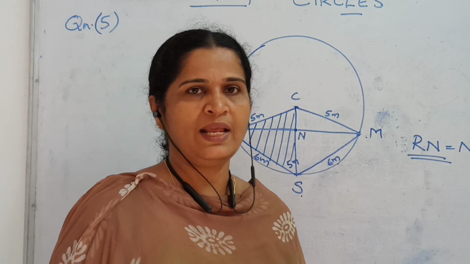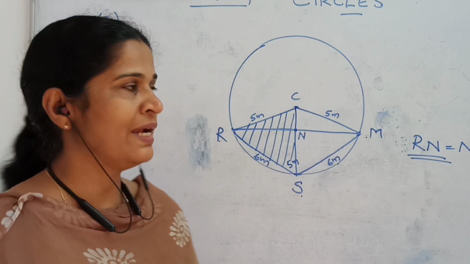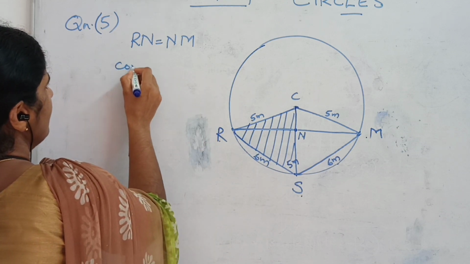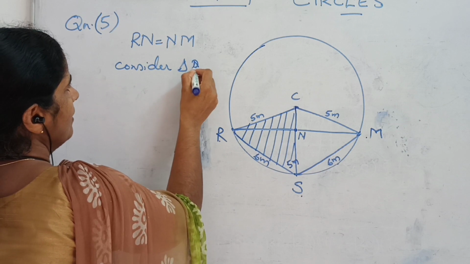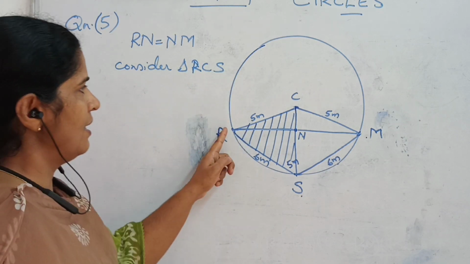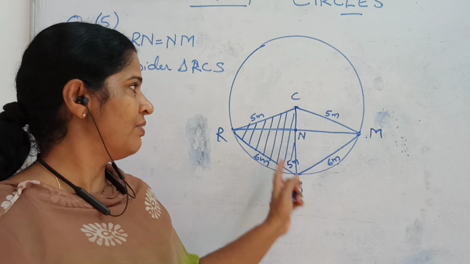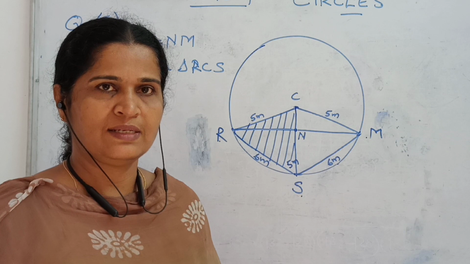You know how to find the area of a triangle using the formula half B H, if base and height are given. If I consider triangle RCS, we use the area formula in it, and we can find out this RN.